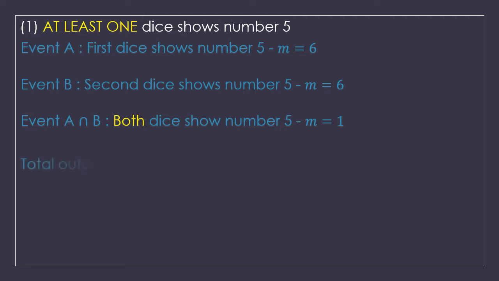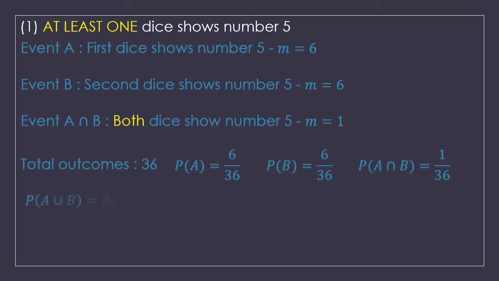Now I will start calculating the probability. The total outcomes are 36, that I already know. The probability of event A is 6 upon 36, probability of event B is 6 upon 36, and probability of A intersection B is just 1 upon 36. Quite easy. Probability of A union B is P(A) plus P(B) minus P(A intersection B): 6 upon 36, plus 6 upon 36, minus 1 upon 36.